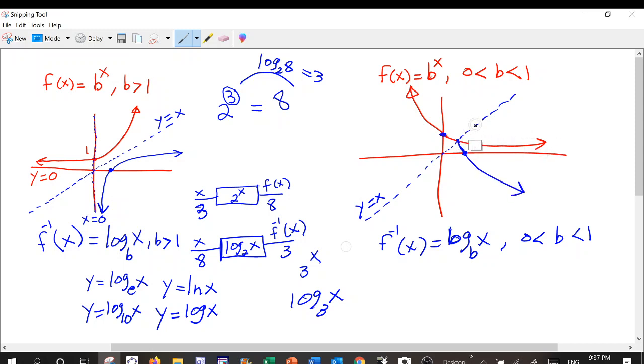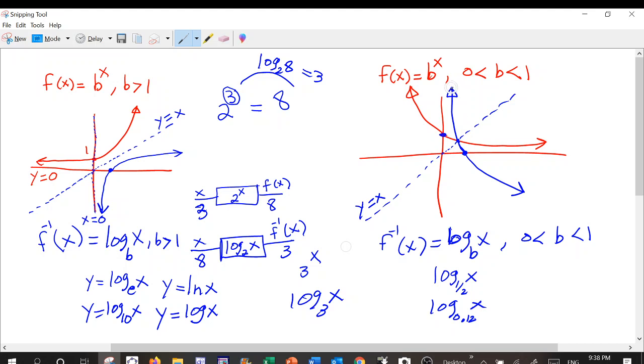And this part that is approaching the positive x-axis will be approaching the positive y-axis. So that blue one is a reflection of the red one with respect to y equals x. So the graphs of logarithm with base b between 0 and 1, including a bunch of them like log base 1/2 of x, log base, let's say 0.12 of x, and so forth, all of these kind of look like this blue one here.